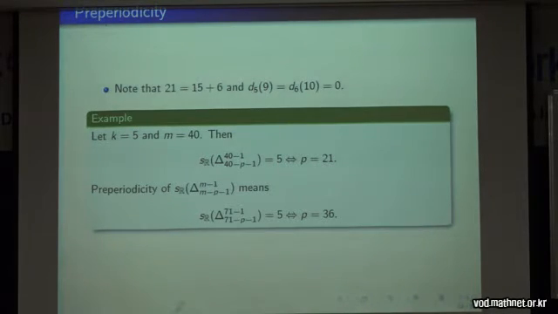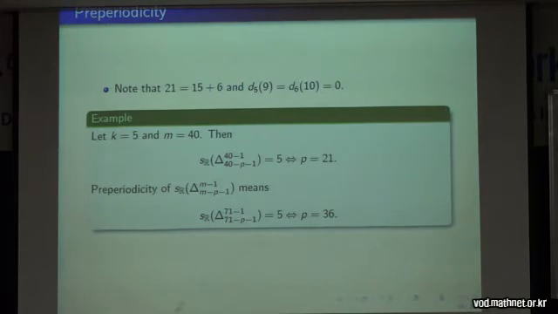Anyway, these two numbers are 0, so we don't care about this condition in this case. Let k equal 5 and m equal 40. Then if we apply the formula before, this equals 5 if and only if p is 21.